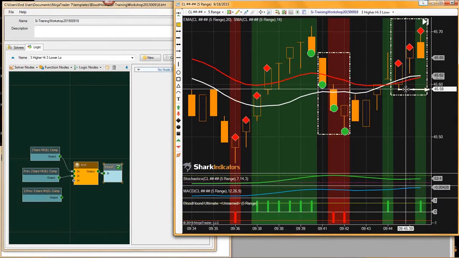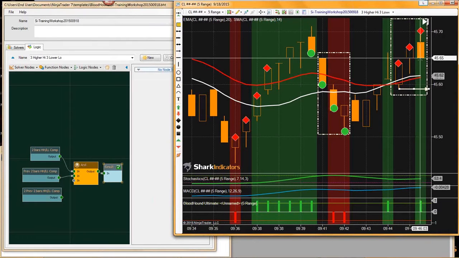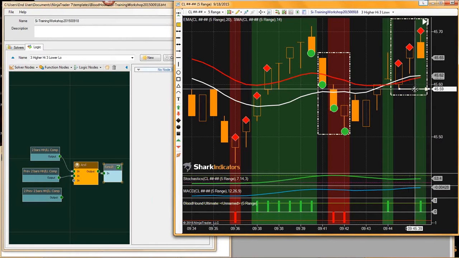You'd have to hold on to this price value that this arrow is on. The logic says, hold on to this price value, and if price crosses that price value, then you would have a line break pattern, right?